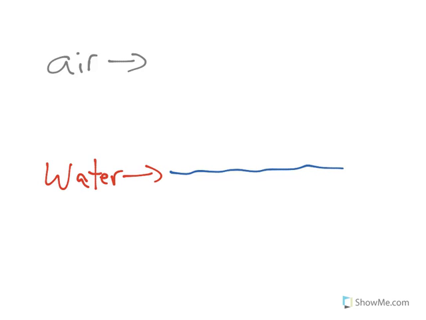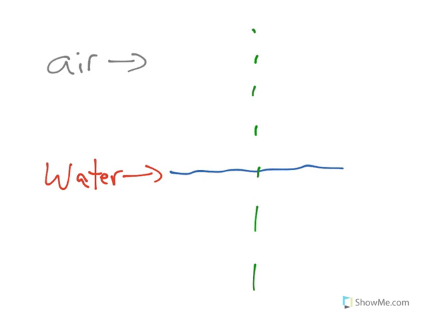So perhaps it goes from air to water. Okay? I suppose water should be blue, so we'll make it blue. Alright? So let's say a ray of light goes from air to water, we first have to draw this normal again.